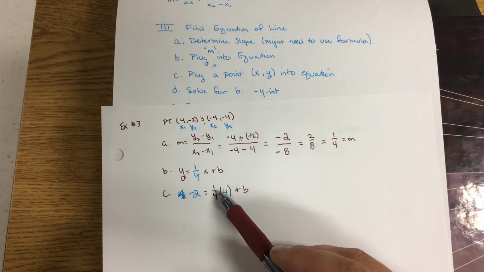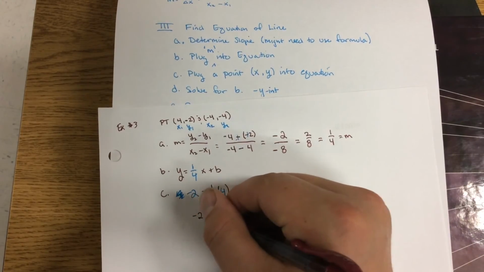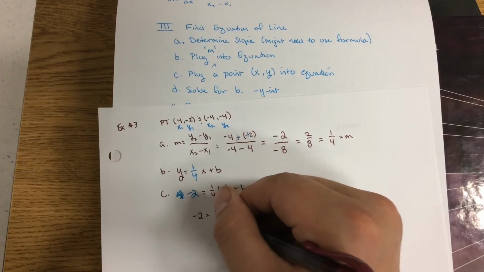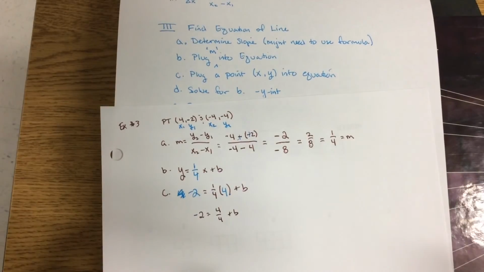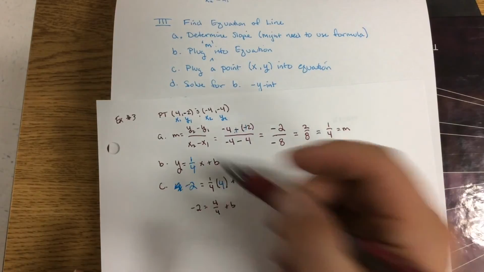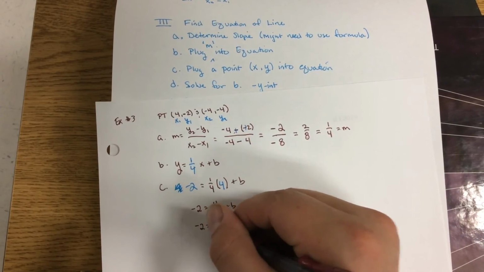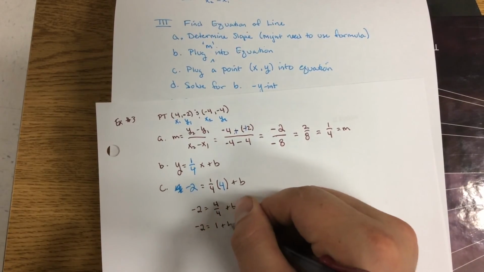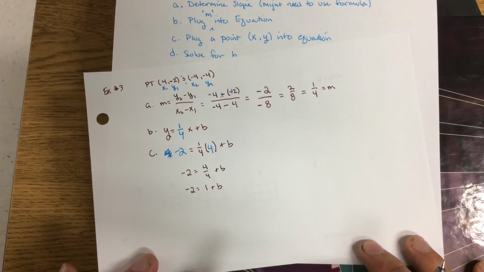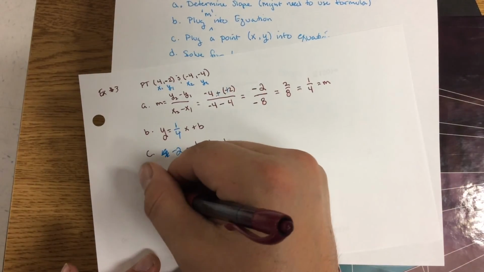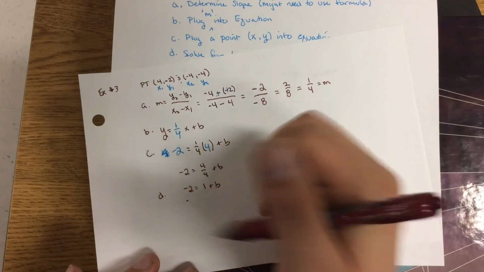So 4 times 1, this is negative 2 equals 4 divided by 4 plus b. This simplifies to be negative 2 equals 1 plus b. We have to solve for b in part D, so we'll subtract 1 on both sides.